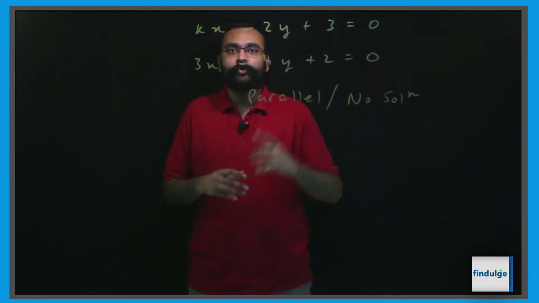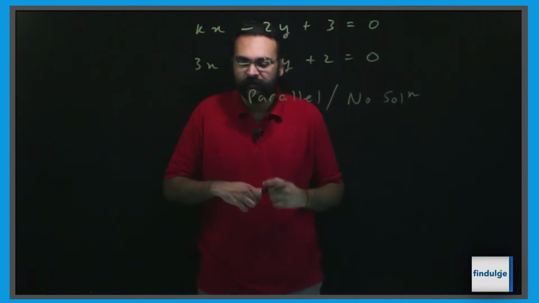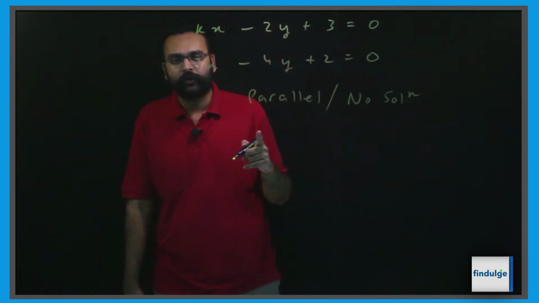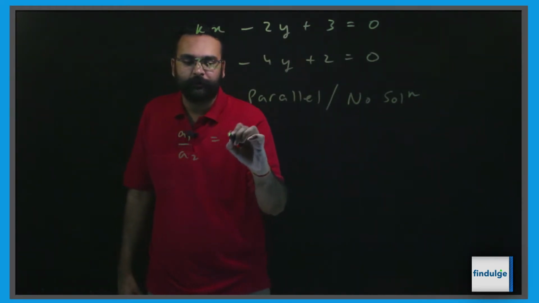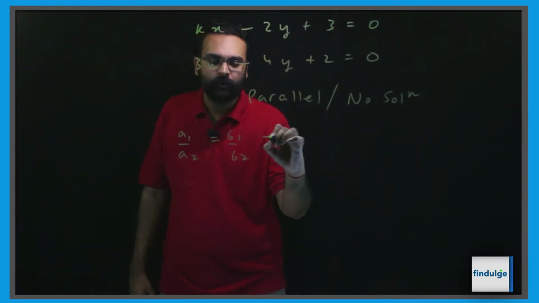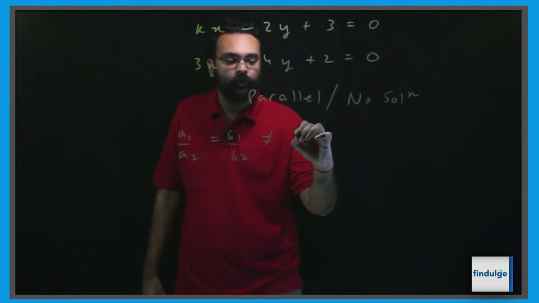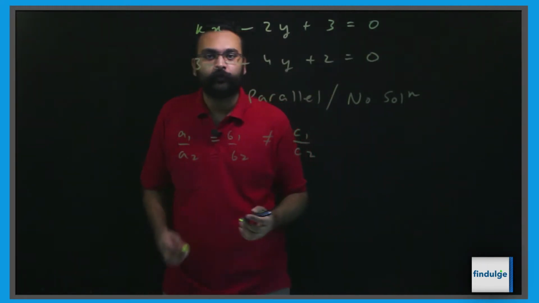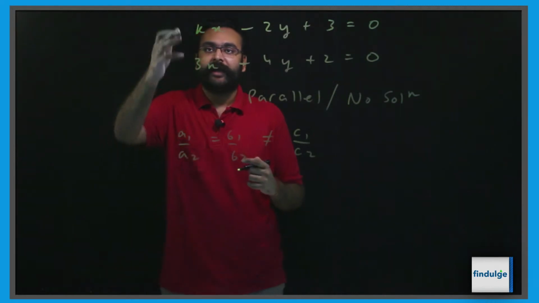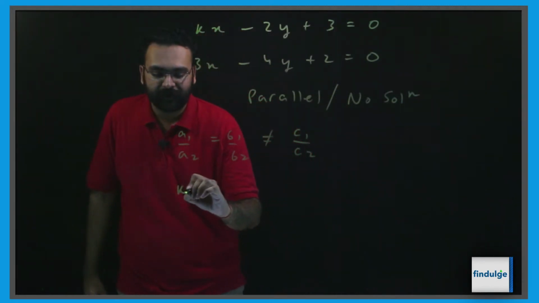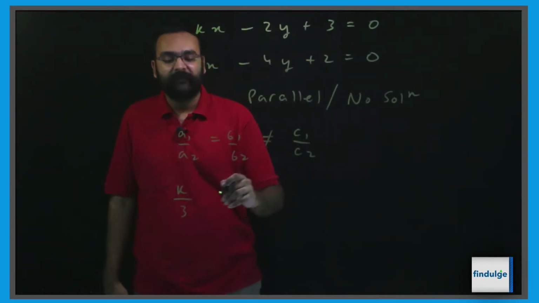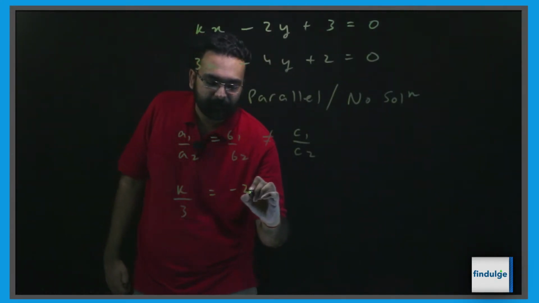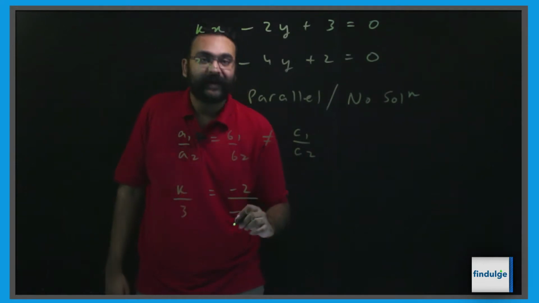So what we have to do in our mind is think, what was the case for parallel or no solution? That a1 upon a2 should be equal to b1 upon b2 and it should not be equal to c1 upon c2. So a1 upon a2 is nothing but k upon 3. b1 upon b2 is nothing but minus 2 upon minus 4.